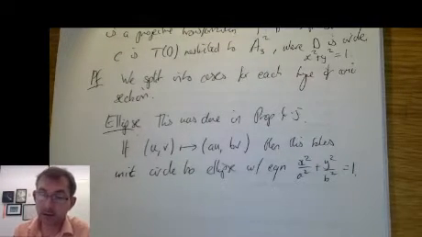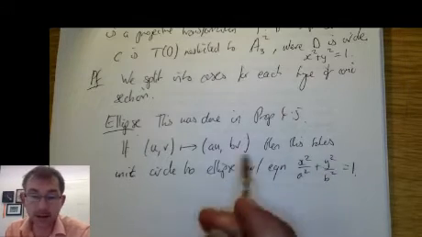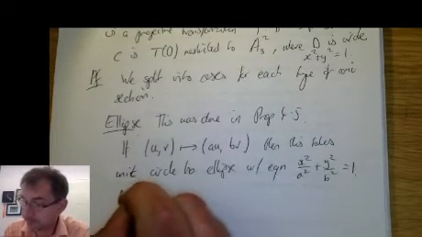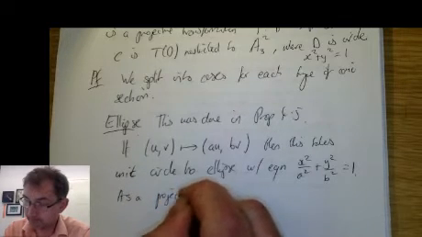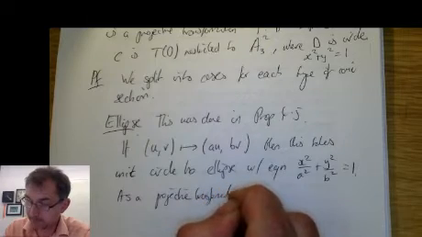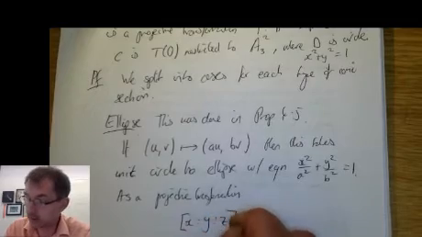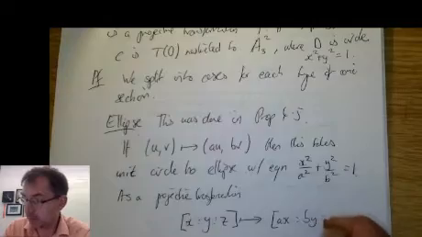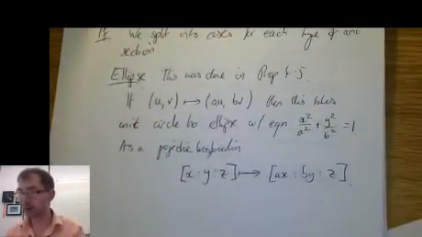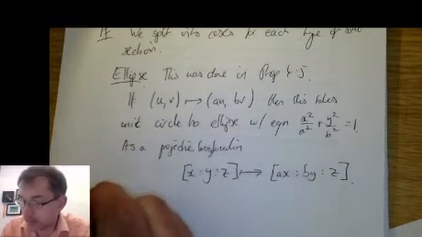And how do we turn that into a projective transformation? Well, we can just decide that we're going to leave z alone. So take x, y, z to ax, by, z. It's the easiest way to do that. Right, what about a hyperbola?